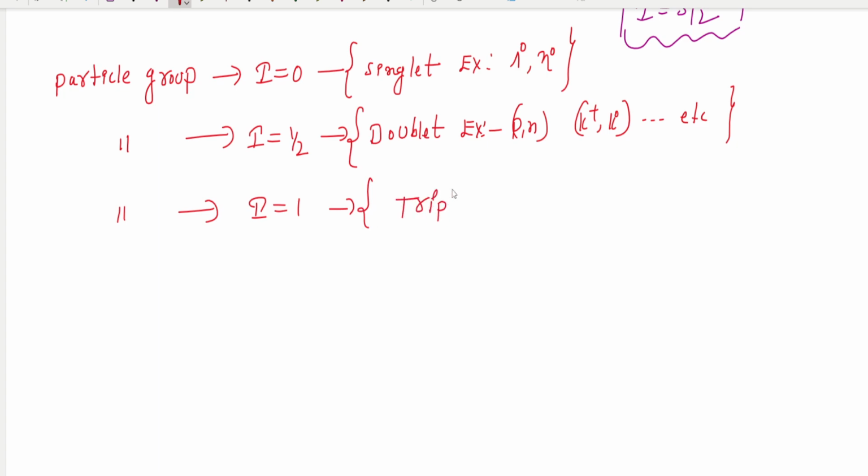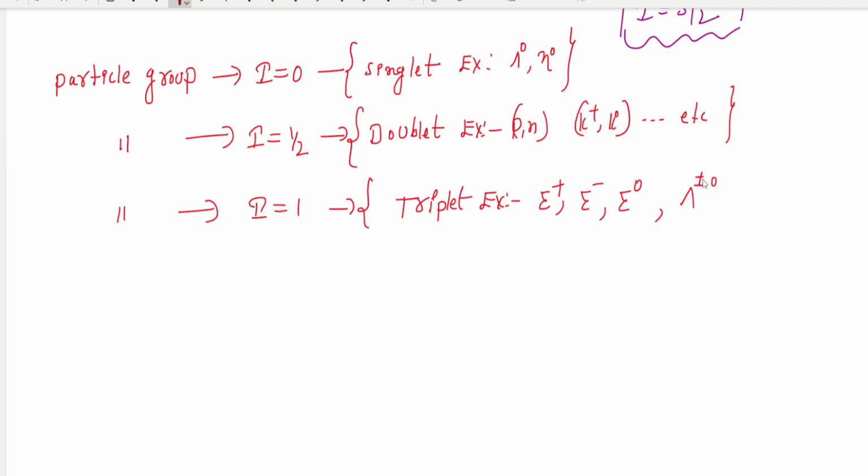The textbook says that. Sigma plus, sigma minus, and zero also, this type of notation.